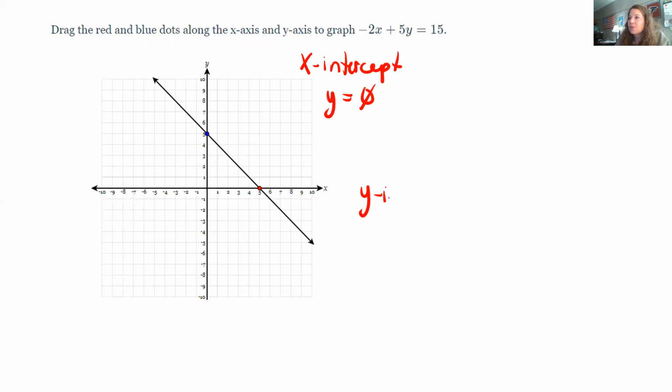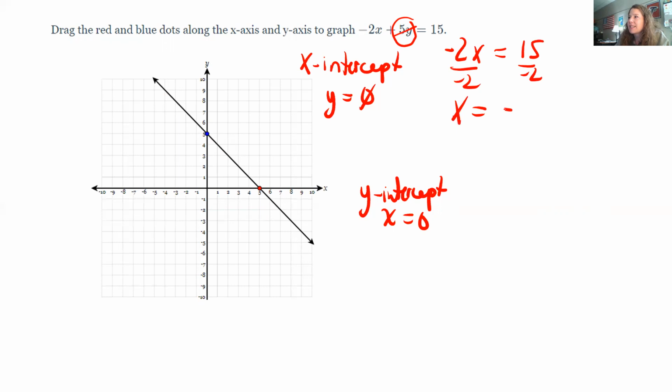And the opposite is true: when we do a Y intercept, we make X equal 0. So when y is 0, we get -2x, because 5 times 0 is 0, so that goes away, equals 15. Then when I divide 15 by -2, my x-intercept is -7.5.